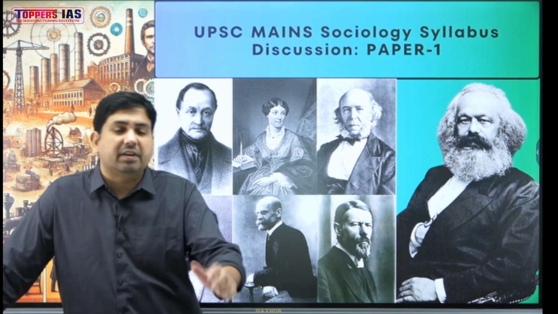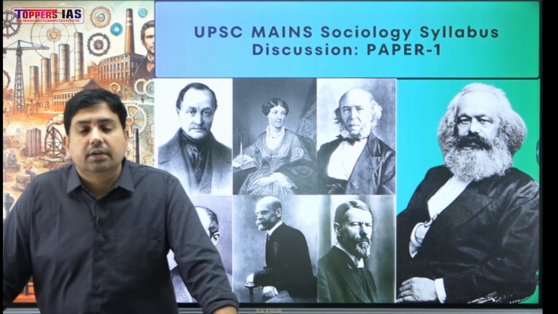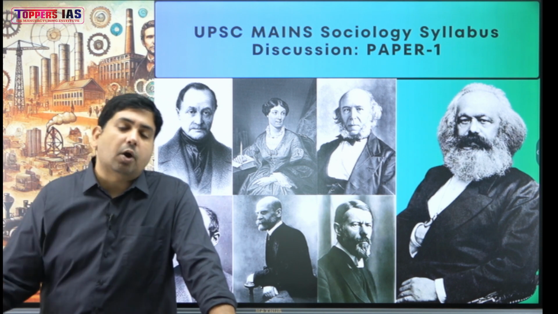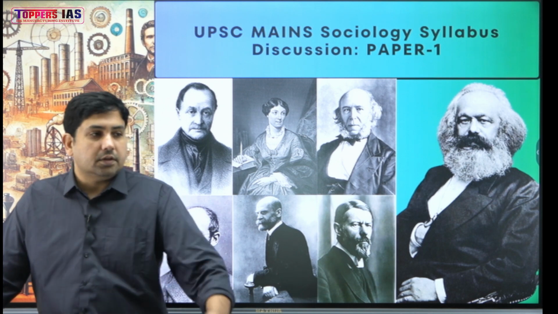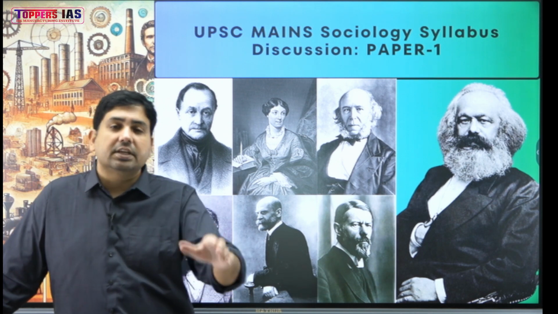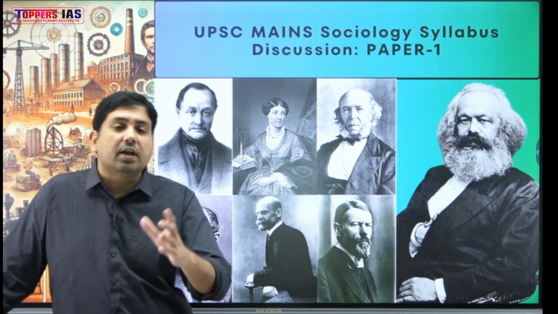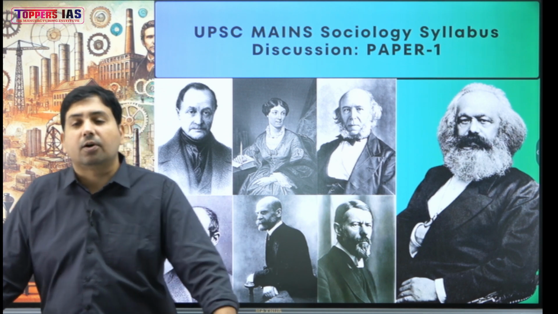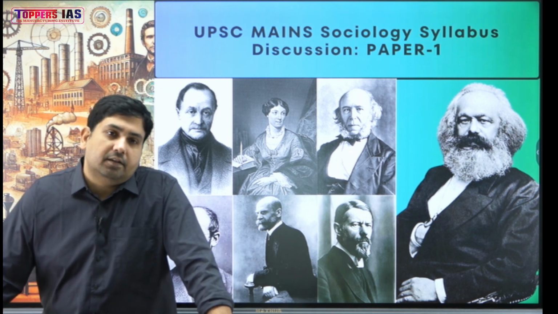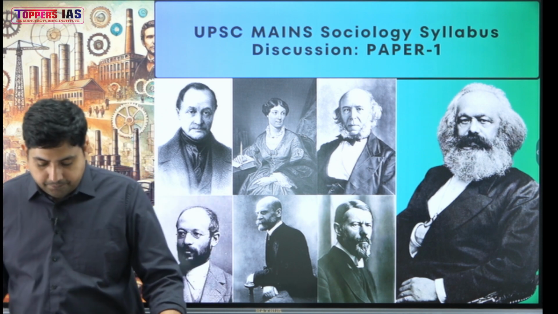Previous year questions that UPSC has asked are systematically arranged topic wise, but you must purchase the unsolved one, because whatever solved sociology papers you see in the market, their quality is not good, and this goes for other optionals also.